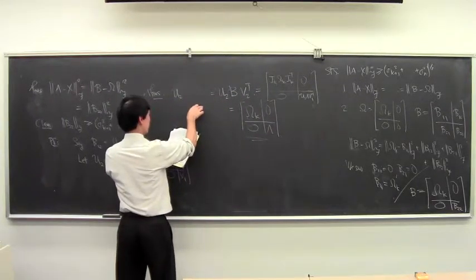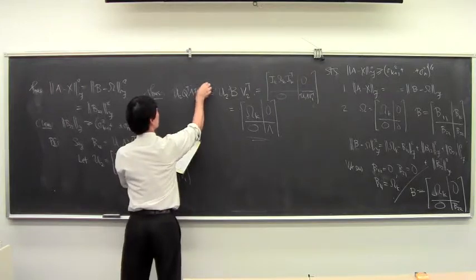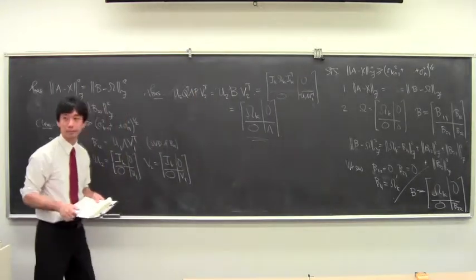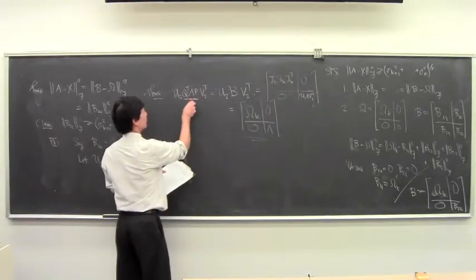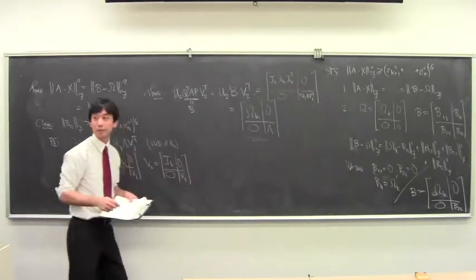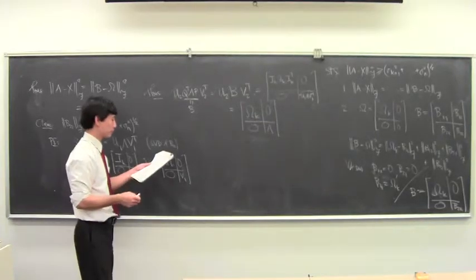Remember what B was. B was QTAP V2T. I'm just using what B was. This thing is B. That's how we define B at the beginning.